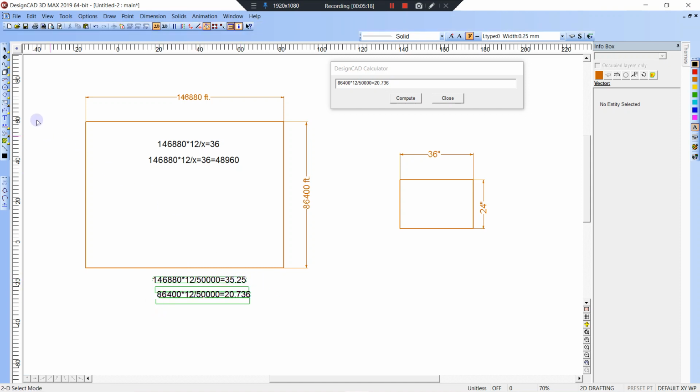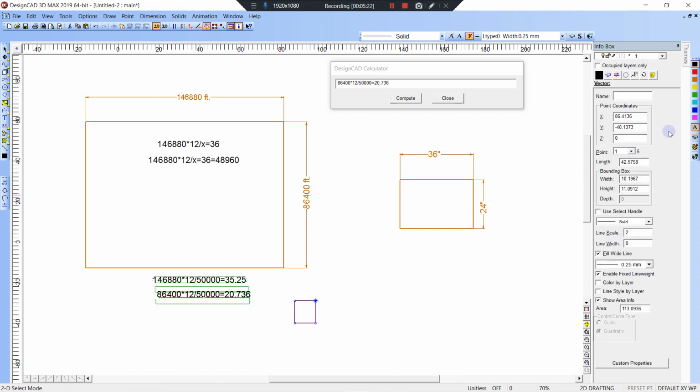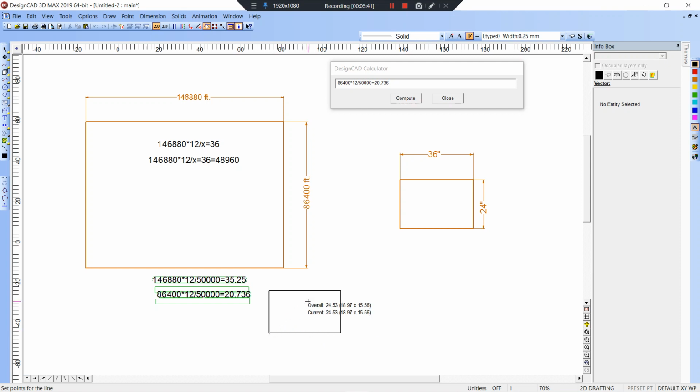So now what we can do is a rectangle, 35 point 25, tab, 20.736, enter. And that's how that would fit on the page.